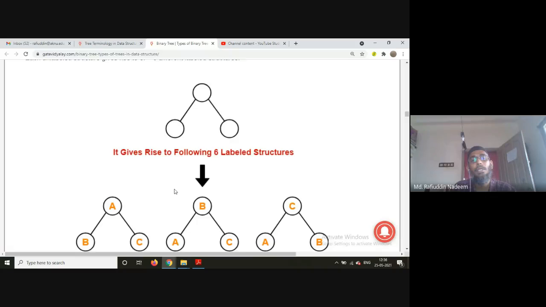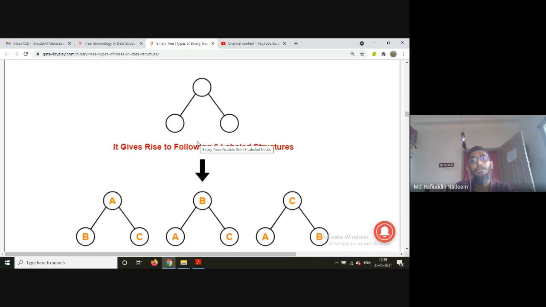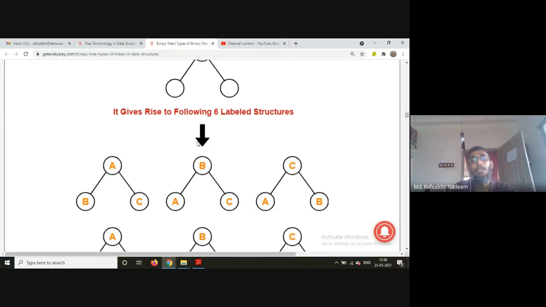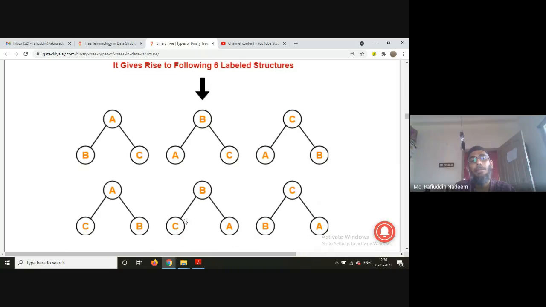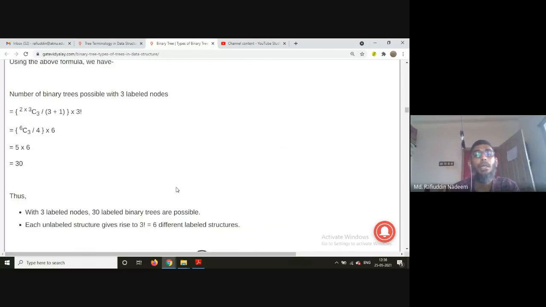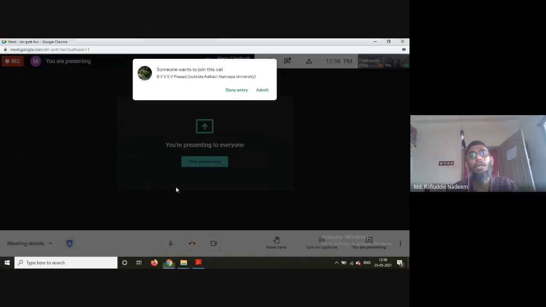For example, see here, if this is taken, then we have A, B, C, then B, A, C, then C, A, B, then A, C, B, B, C, A, and so on. These are all the combinations where we are changing the position of the labels.